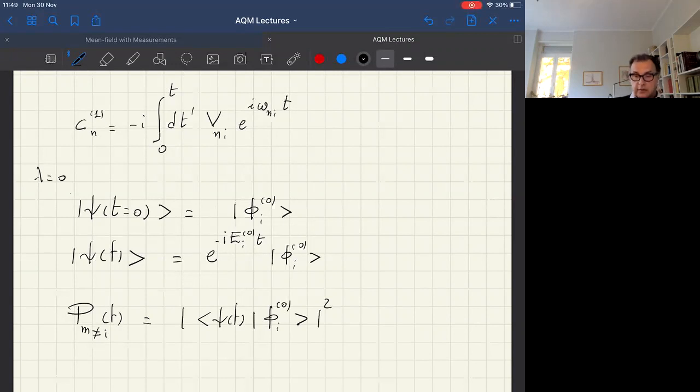Let's do it. Now, this is a phase factor, so it disappears from the modulus square. So the only thing I get is phi 0 of M, phi 0 of I, modulus square, which is equal to delta MI. Since I am asking M different from I, this is 0.